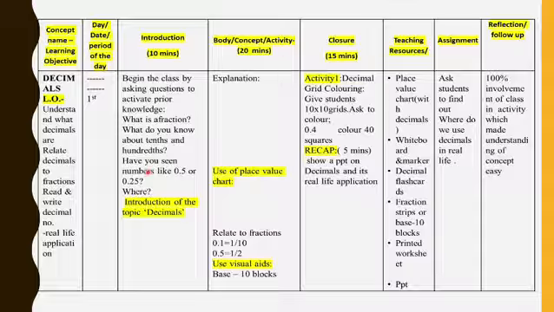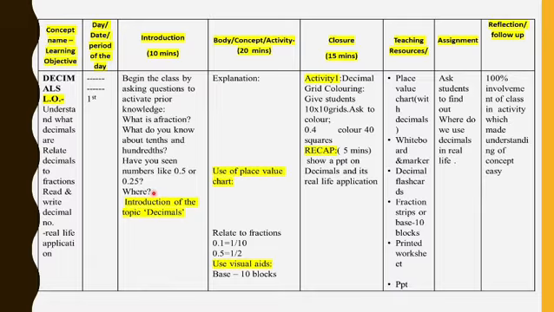Then you may lead to asking, have you seen numbers like 0.5 or 0.25 or other numbers you can write on the board? And then you may ask, where have you seen them? Leading to the introduction of the topic, decimals.